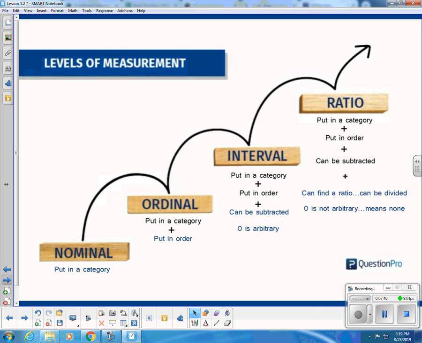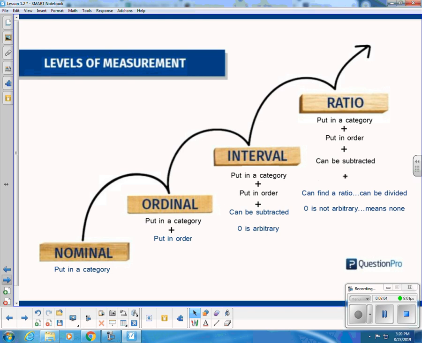But we could divide, for instance, July's precipitation that was 7.27 by January's precipitation that was 2.35 and get a ratio and say it rained this much more, times more in July than in January. Okay? So if you can divide them, it's ratio.